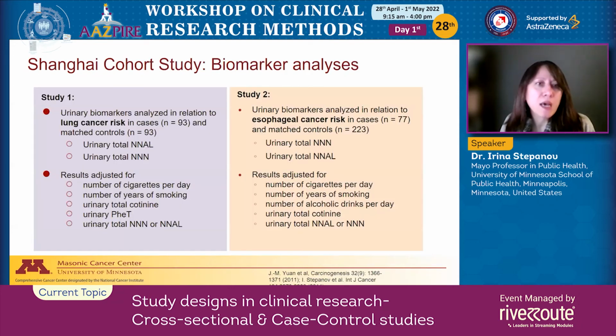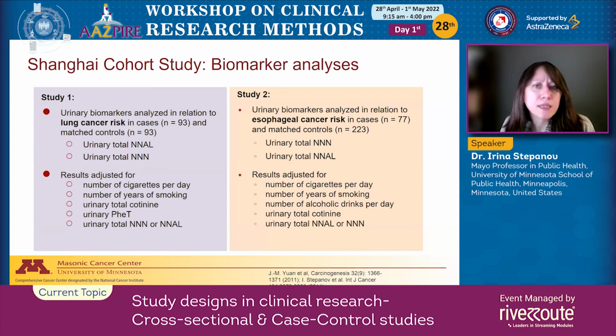So what we did, we retrieved urine, and we wanted to see how biomarkers of exposure to these tobacco-specific nitrosamines, NNN and NNK, may be related to lung cancer risk and esophageal cancer risk in this Shanghai Cohort Study. In lung cancer, we had 93 cases, and we matched 1-to-1 to controls, and we measured urinary biomarkers of both carcinogens.